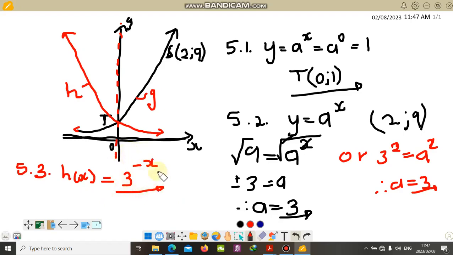Of course, there are many ways. If you want to write it in another form, write it as one over a, to the power of x.